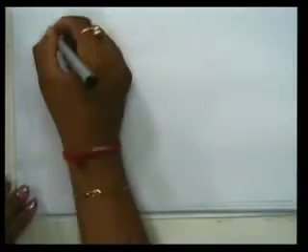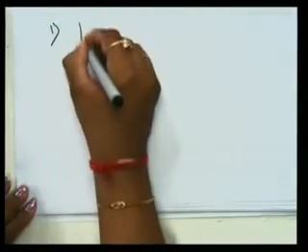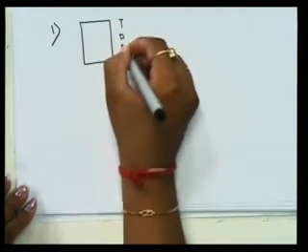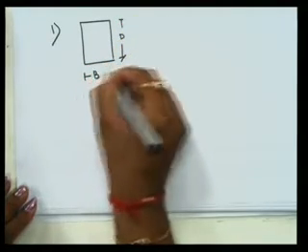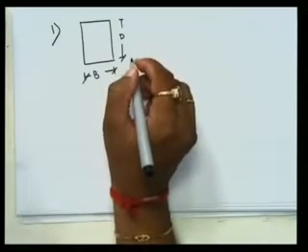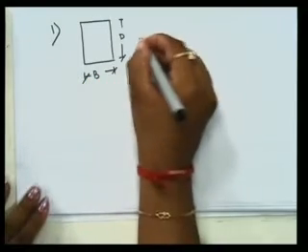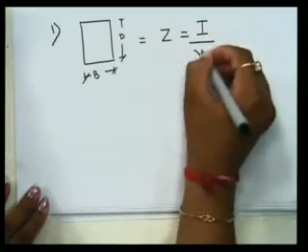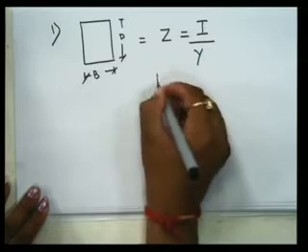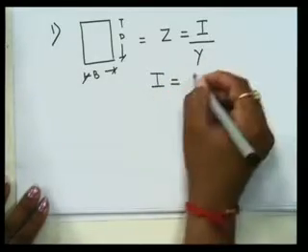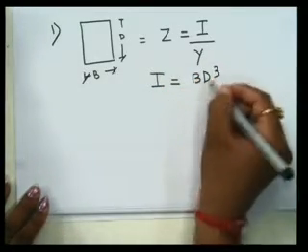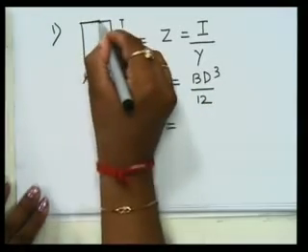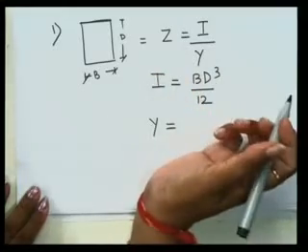Okay, so first we take a rectangle. If this is d, that is depth, and this is width b, and I want to find out the value of section modulus Z, what is our formula? I upon y. So I, the moment of inertia for a rectangular section, is BD cube by 12. What is y? Distance of the extreme layer with respect to the neutral axis. So I have to locate the neutral axis.